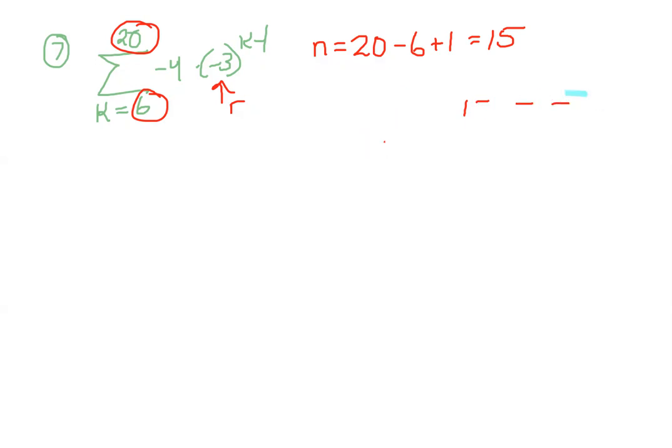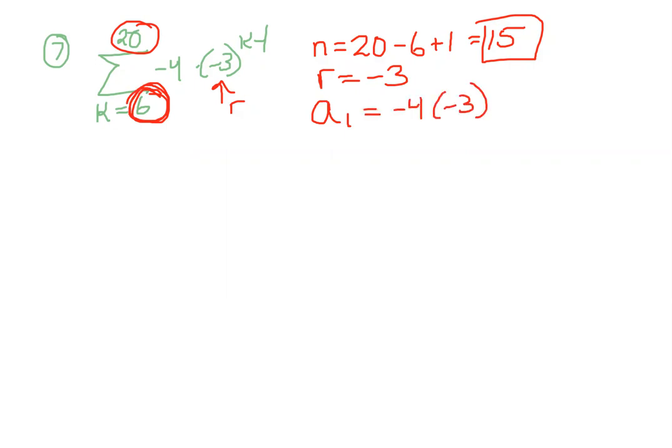So that's what our n is. N is 15, r is -3, but we have to find A1, and A1 is when k equals 6. So we take -4 times -3 to the 6 minus 1, and that should give us 972.